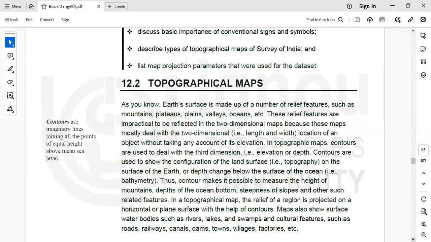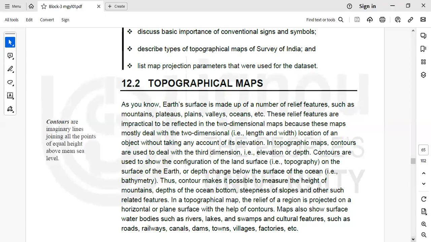So generally the maps we see are two-dimensional maps because they represent the two-dimension features on the maps. These two dimensions are the length and width.